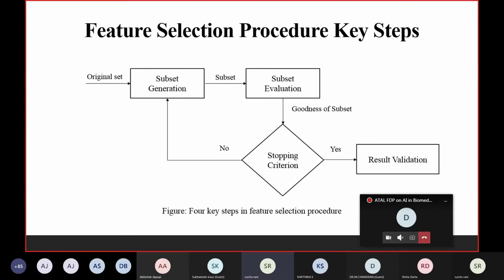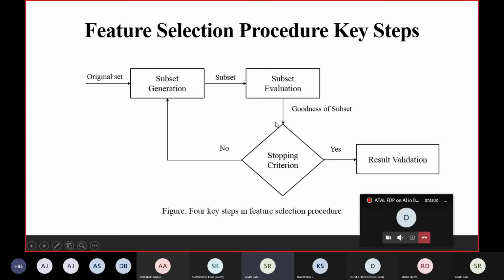There are four main steps to select a particular feature or subset of features. We take the original features to generate a subset, and the subset is evaluated based on some classification algorithm or some formula. Then we check whether the subset is okay based on the stopping criteria. Maybe it's a number of iterations, maybe it's the error that can be tolerated, or maybe other things.